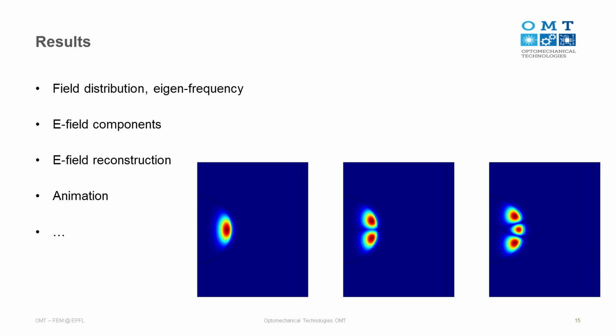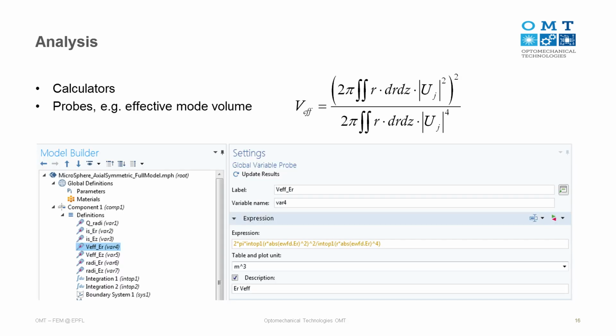Okay. So apparently, COMSOL can do much more than these things. Here, one very nice tool I want to introduce is the calculators. So in COMSOL, you can also define calculators. For example, you do the integration. And then by having that calculator, you can also define probes.